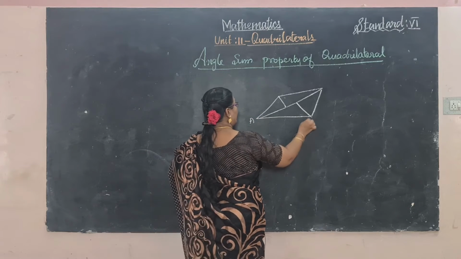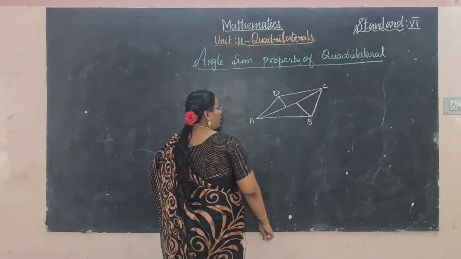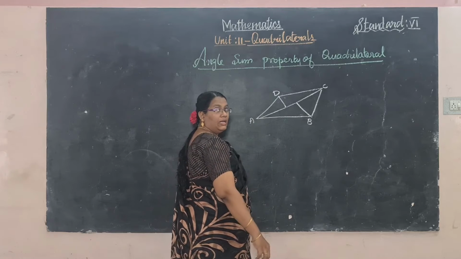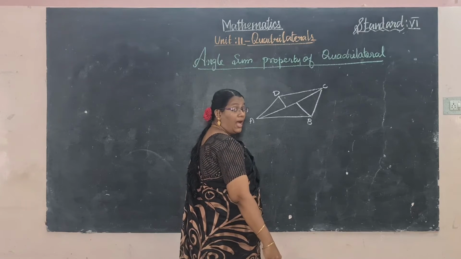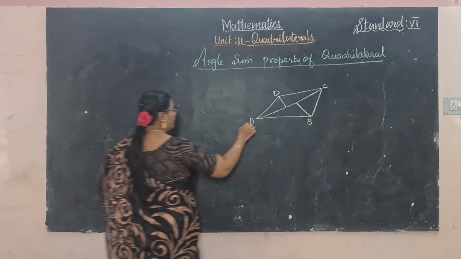For example, A, B, C, D. Sum of three angles is 180 degree, the angle sum property of triangle. So we have used this here.